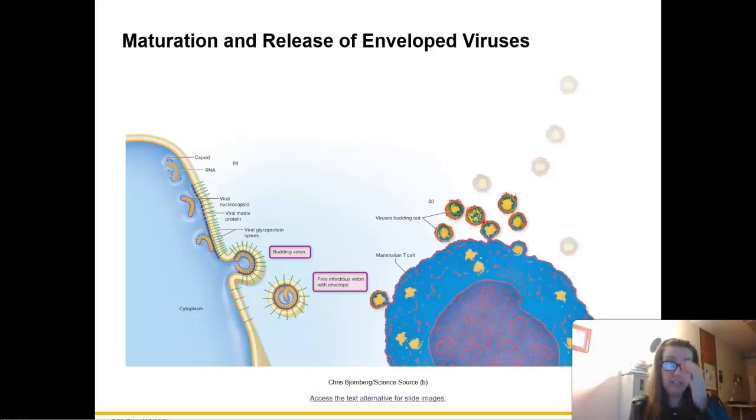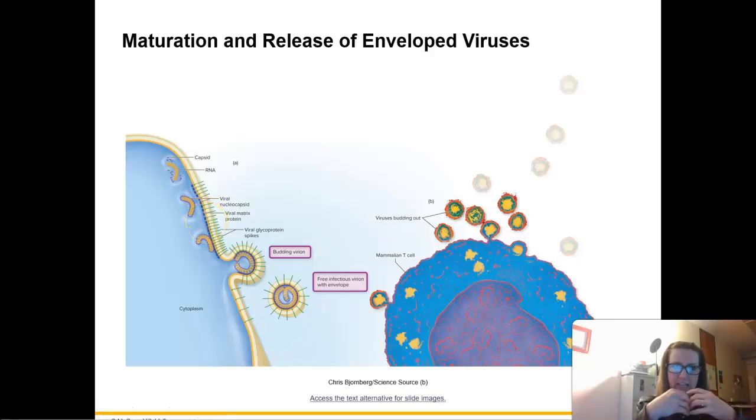This figure's from your book. And you can see that you have that nucleocapsid. This one has RNA in it. And then it's moving up towards the membrane, and this nucleocapsid is going to get its viral protein matrix for the outside from the inside of the host cell.